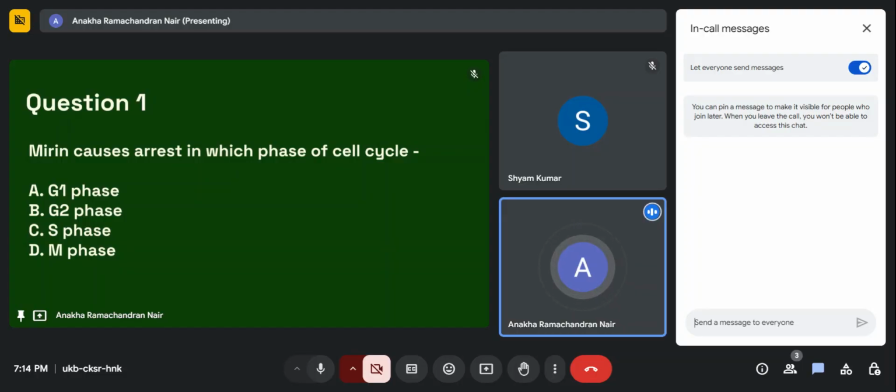So, like I was saying, mirin causes arrest in which phase of the cell cycle? There are four options given to you: G1 phase, G2 phase, S phase, and M phase. So, what do you think the answer is? You can just write your guess in the chat, just to test yourself as to whether you know the answer or not.